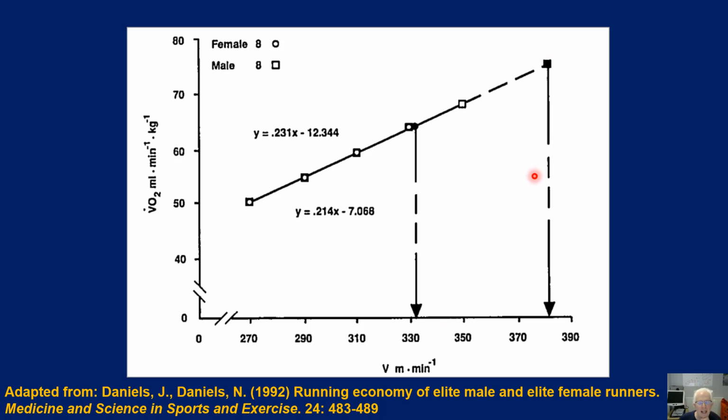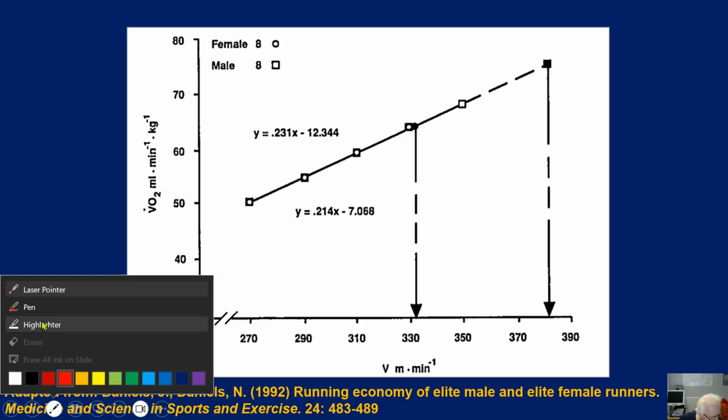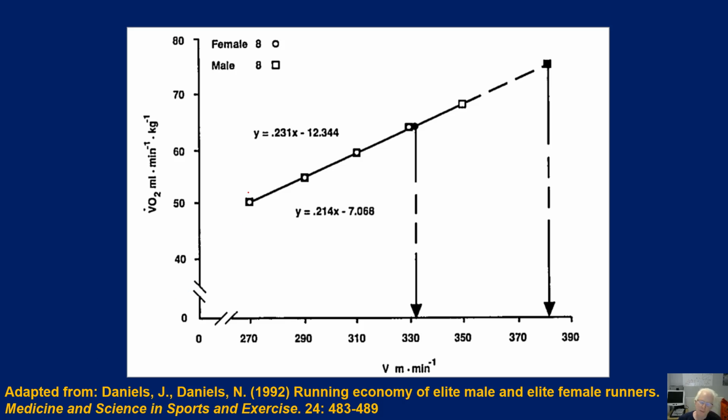Now, had we got something different, let's just replot this. So imagine we'd got this done with the males, with a high VO2 max, but this time that they are less economical. No, going to make them less economical down here like this. Okay, so we're hitting the same point here.